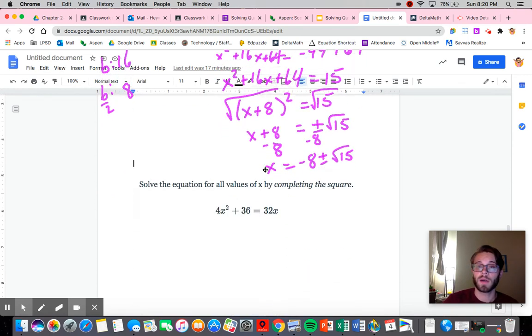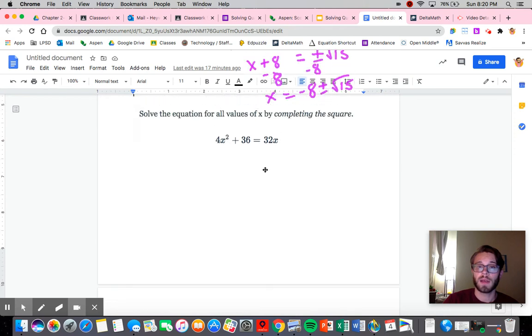Let's look at another situation where we have to complete the square, and you'll see this one is a little bit different. When we look at this problem, we see right away that the wrong term is on the right-hand side, so we need to rectify that. The other thing we see is that our a is not 1.